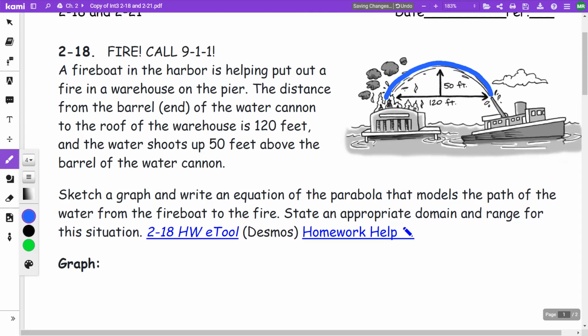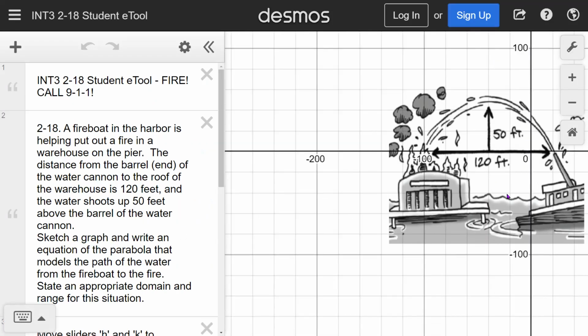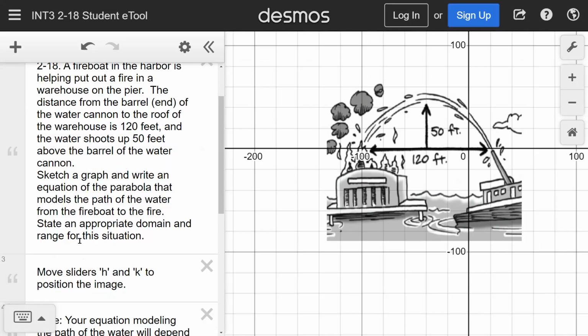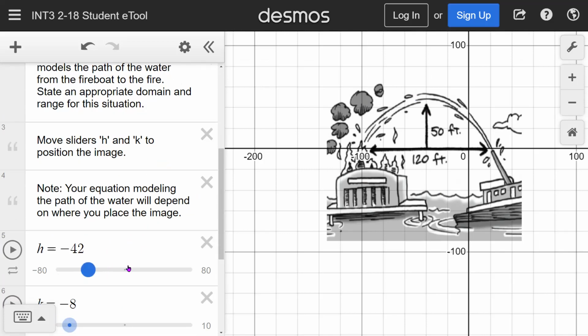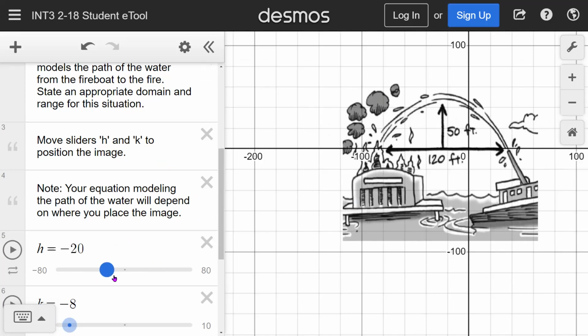They do give us an E tool here. These are always hyperlinks. You can always click on them, but when you're clicking on it using Cami, you got to come to the arrow. And they do give us a hyperlink here, and you can move this however you want.